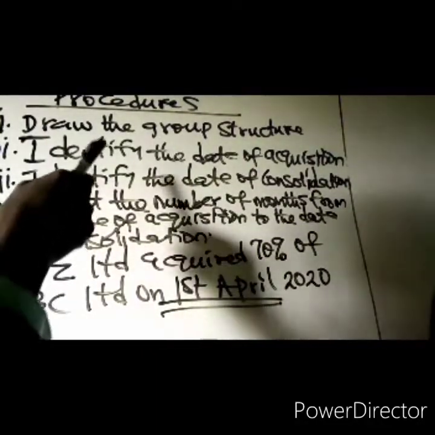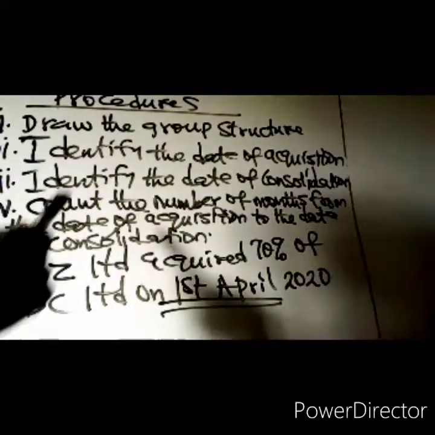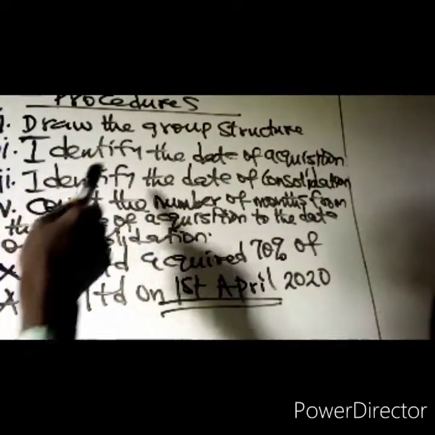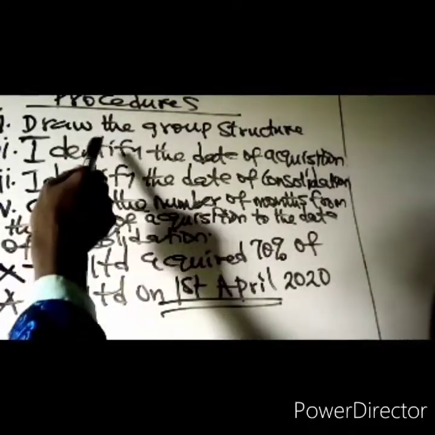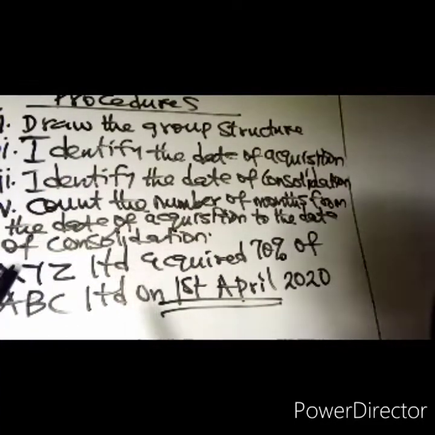Unless stated otherwise, you assume that all items in the subsidiary statement of profit or loss accrue evenly throughout the year.